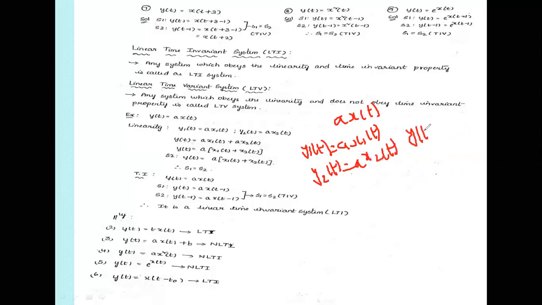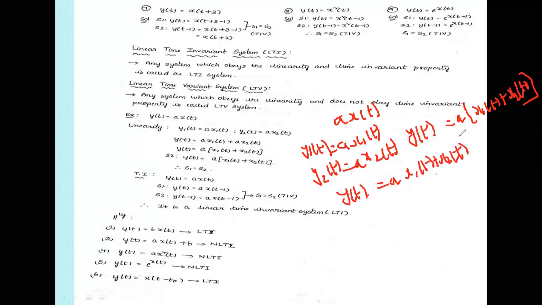Combined, y of t is equal to a into x1 of t plus x2 of t. Before giving to the system, you can add the two signals, then pass the signal to the system. You get the same function, a into x1 of t plus x2 of t. The system is a linear system.